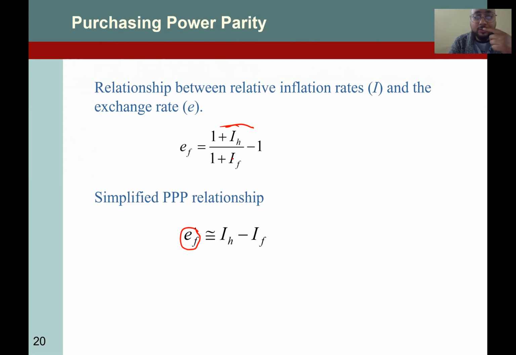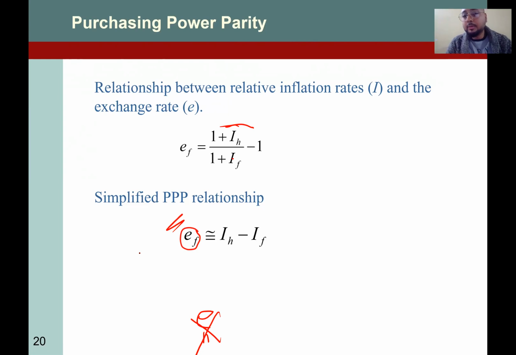Many students confuse it with the home currency exchange rate, but this is not the home currency exchange rate. If in your country inflation is high, your currency will go down, and the foreign currency will appreciate. That concept holds true here, right?